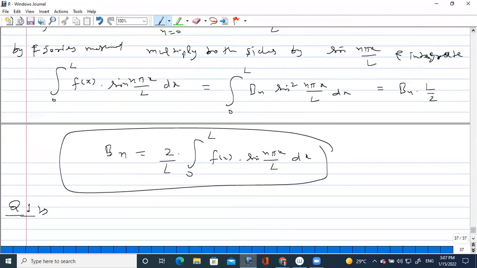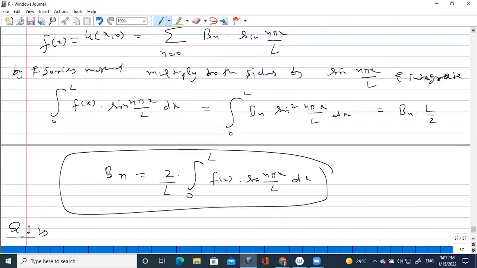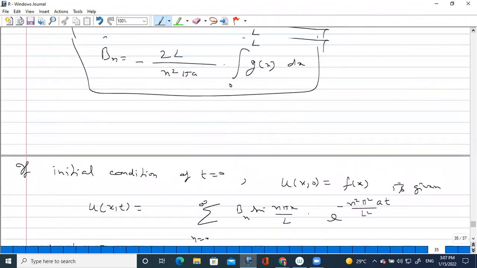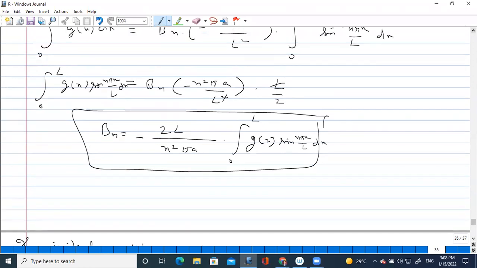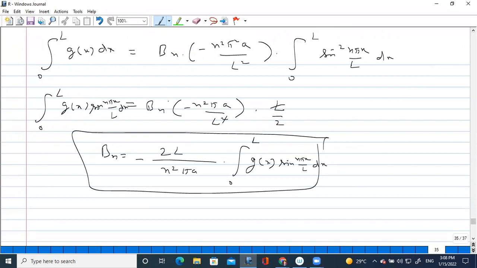With the g(x) we multiplied the sin(nπx/L), but sir, I'm having a doubt. Sorry, yes, it should be. Yes, correct it. Okay, thank you.